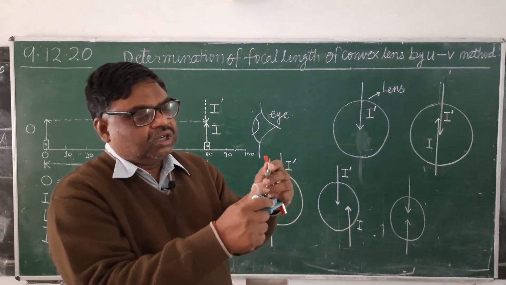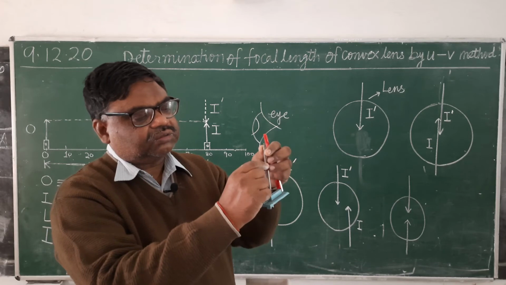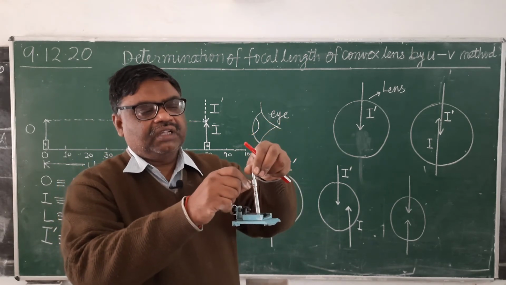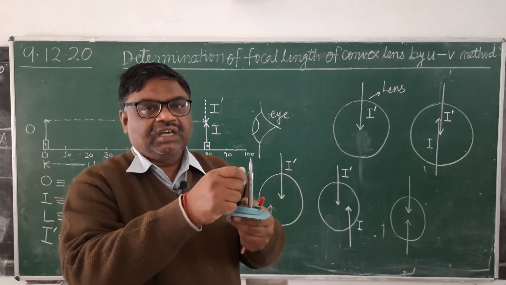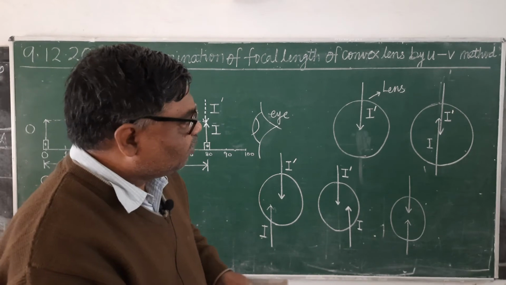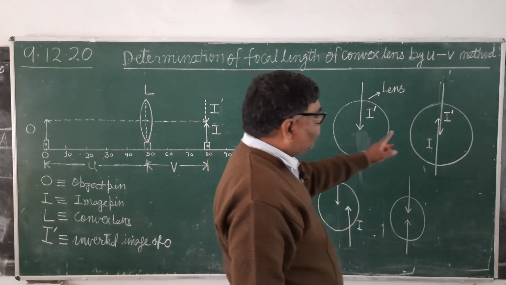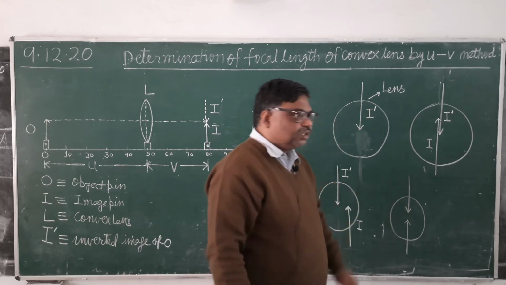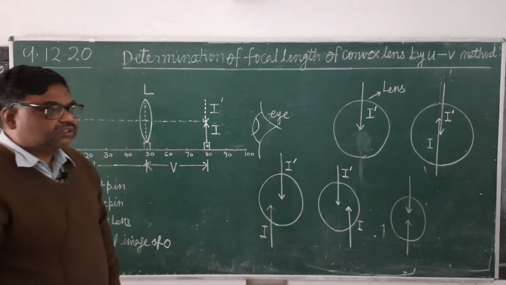Already I have told you, you will adjust the height in this way. It's clear. And you can adjust the height by this way. So by adjusting the height we can bring the tip to tip contact if the tips are overlapping or if they are at some distance. It is clear.